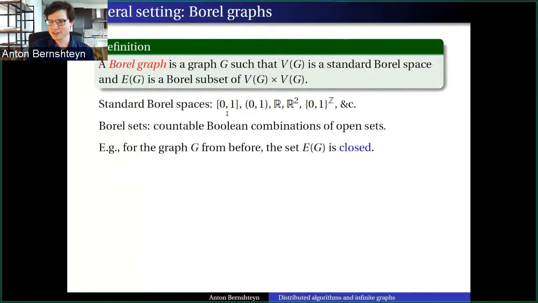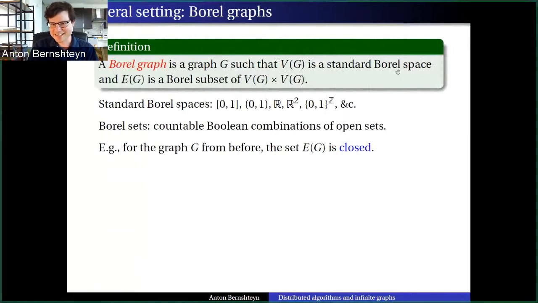It's maybe the unit interval or the plane. Just think of something that you would call a space, and chances are it is a standard Borel space. So say the space of all sequences of zeros and ones from our previous example is also a standard Borel space. It's anything on which you can talk about measurable sets.